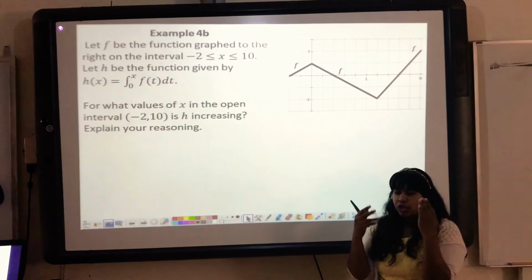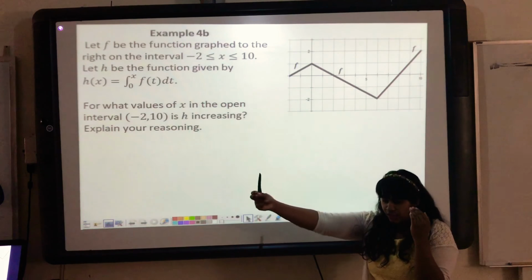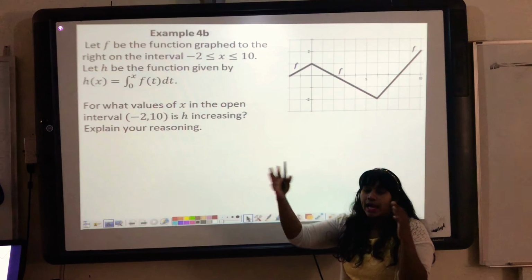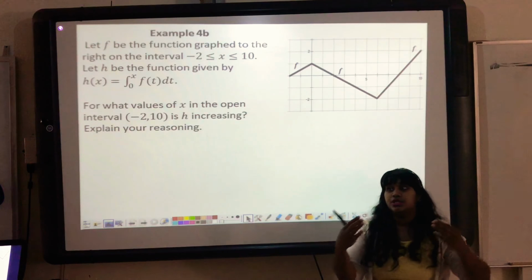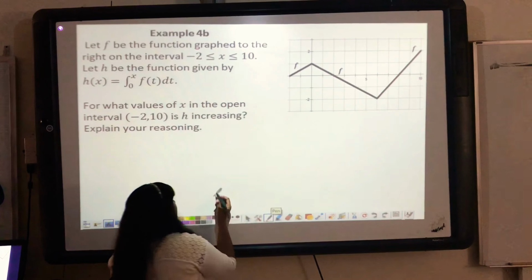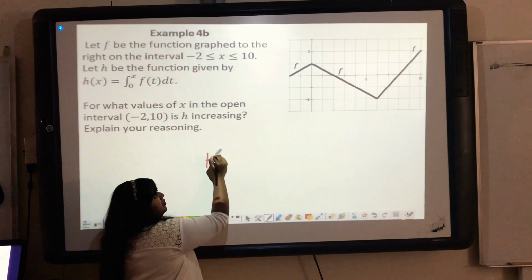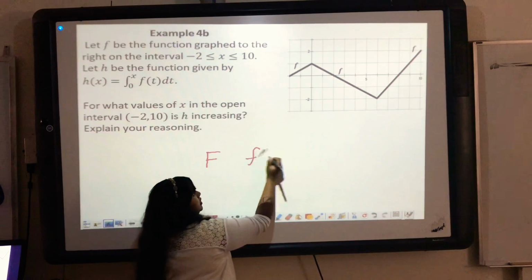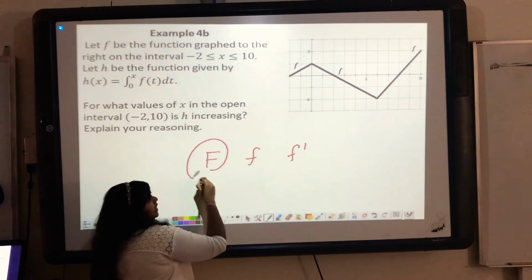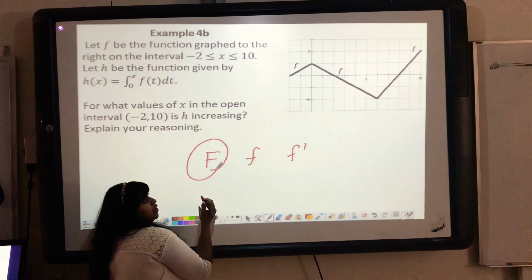What is h? H is my integral. To figure out if something is increasing, I need to look at a function's derivative, right? Derivatives tell me that. So again, I can write that relationship for you: f is our integral, f and f prime. We are looking at h, and we want to know if it's increasing.